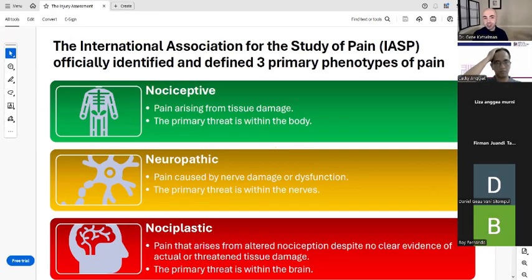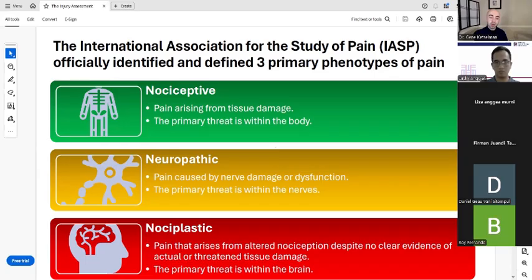So the International Association for the Study of Pain has officially identified and defined 3 primary phenotypes of pain. There is nociceptive pain, neuropathic pain, and nociplastic pain. So when it comes to nociceptive pain, this is pain arising from tissue damage.